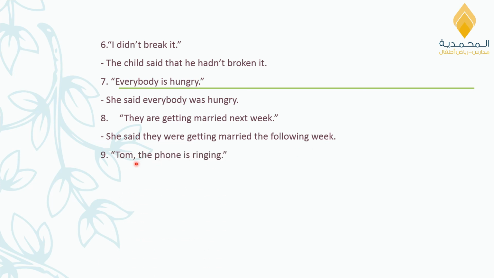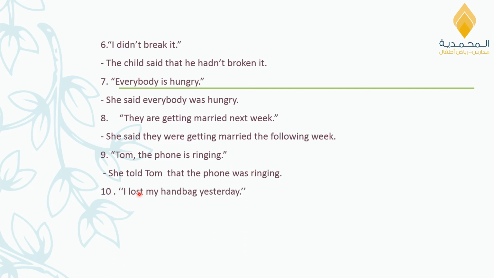Number 9: Tom, the phone is ringing. What do we have to change? Yes, the tense of the sentence, which is the present continuous, we have to change it into past continuous. So how do we report this sentence? Yes, she told Tom that the phone was ringing.